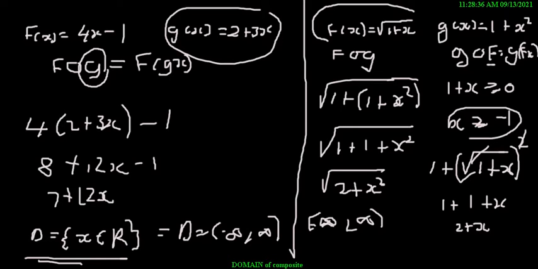So our domain is going to be x, a member of the real numbers, such that x is greater than or equal to -1. That's our domain right there.